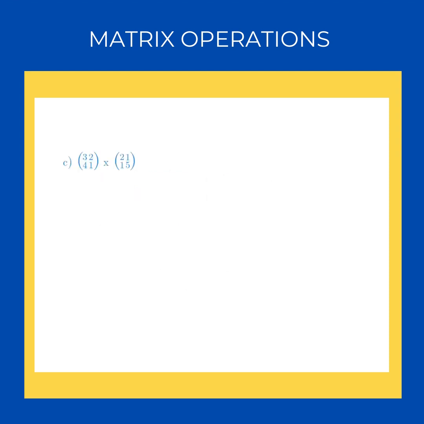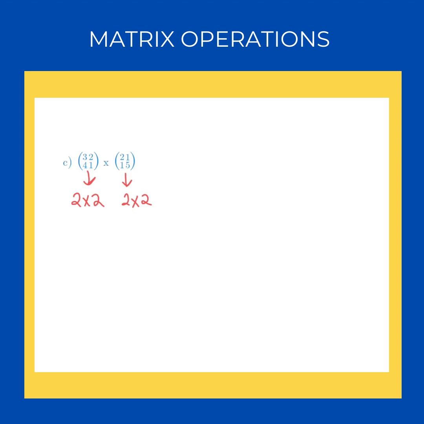Now in part C, I have this matrix, which is 3, 2, 4, and 1, times this matrix, which is 2, 1, and 1, 5. So first, I need to find the order of each matrix. So this is a 2 by 2 matrix, and this is a 2 by 2 matrix.